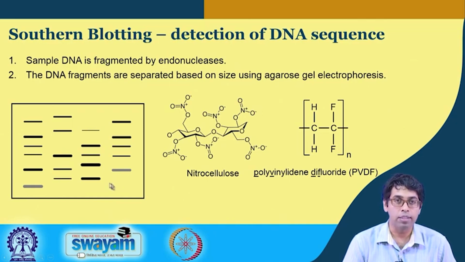So you can imagine that it will be easy to transfer DNA molecules from the agarose gel to the nitrocellulose membrane. Similarly, in case of PVDF, the fluorine atoms are highly electronegative, so these carbons are electropositive. So again, you can have a negative charge and delta positive charge interaction between these two, and you can transfer the DNA molecules onto the PVDF membrane.